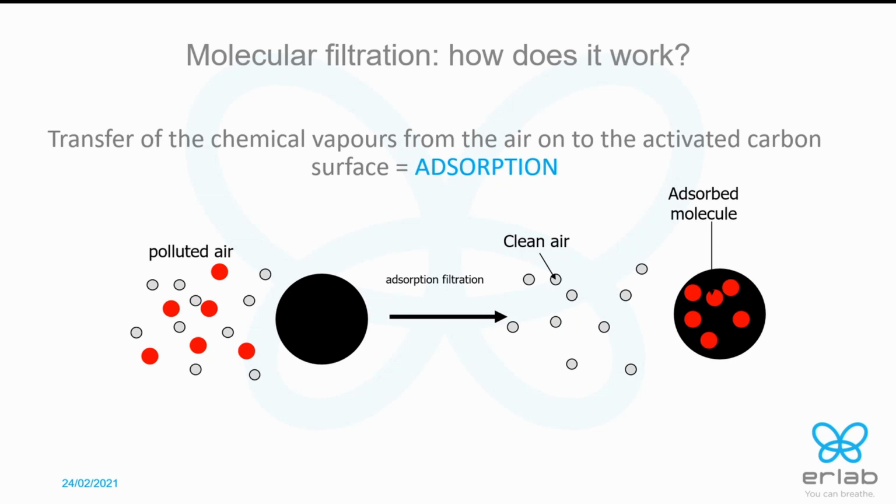But for molecular filtration, because the size of the molecule is too small to be trapped by a physical process, it's made by a chemical process called adsorption. So the molecule in the polluted air will be adsorbed by the carbon molecule, and the air will be cleaned in this way.